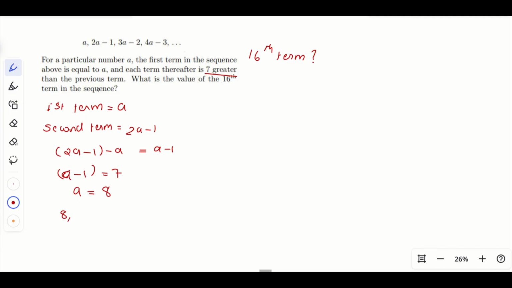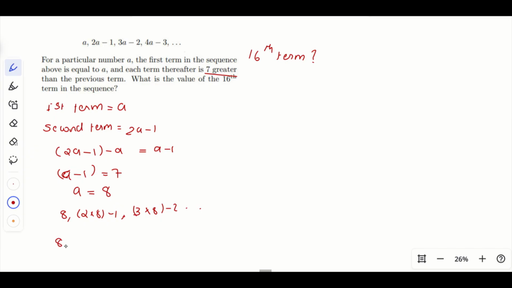So the sequence is 8, then 2 into 8 minus 1, then 3 into 8 minus 2, and so on. Let's solve it and write the new sequence.